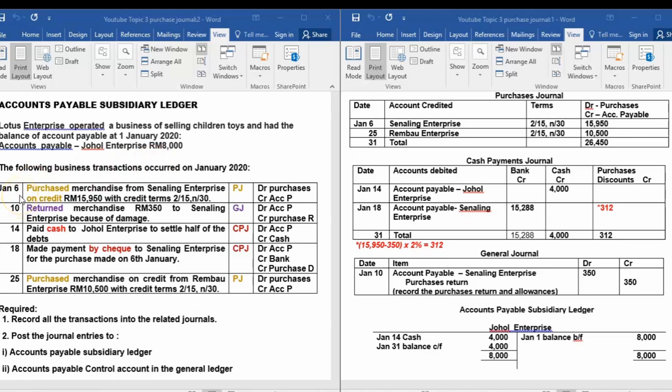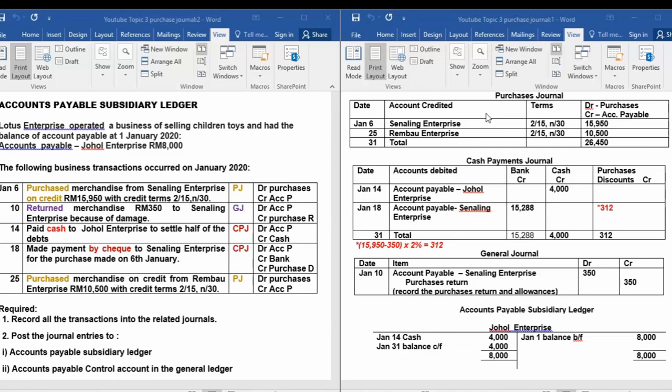6th of January, purchase merchandise from Senali Enterprise on credit, RM 15,950 with credit terms 2/15 and 30. We have to record in the purchase journal, debit purchase and credit account payable. So we look at the purchase journal.